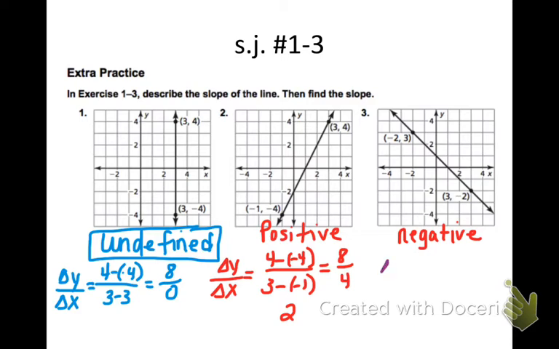We've got change in y over change in x. 3 minus the negative 2 all over negative 2 minus 3 would be 5 over negative 5, and when you simplify that, you get a negative 1. So it is, in fact, a negative slope. So that should help you to double check your work.